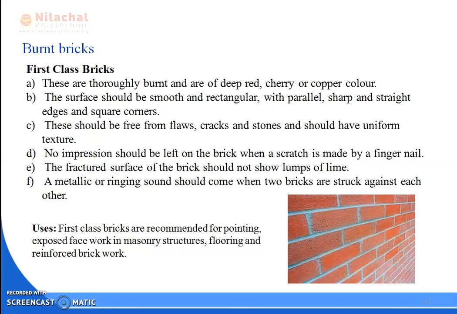The bricks should be free from flaws, cracks and stones and should have uniform texture. They should have uniform shape and size and good texture.